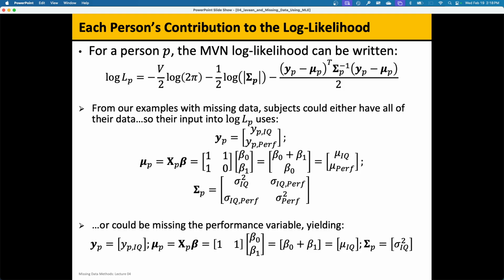We know it's normal. So if we took the first person and only looked at their IQ, that's the only way we could compare them, right? We couldn't say this person is more likely than that person because the likelihood is now formed on different sizes of components. But the fact that they're all multivariate normal allows us to have that be the case in missing data. And it just turns out that that allows us missing at random protection.